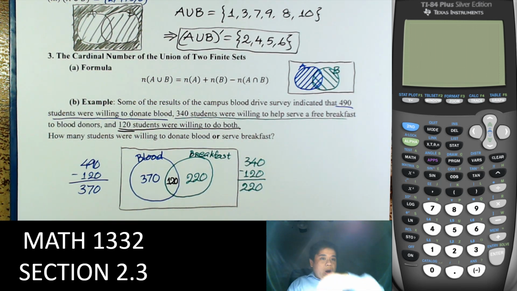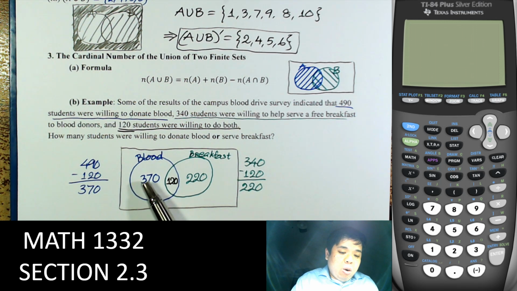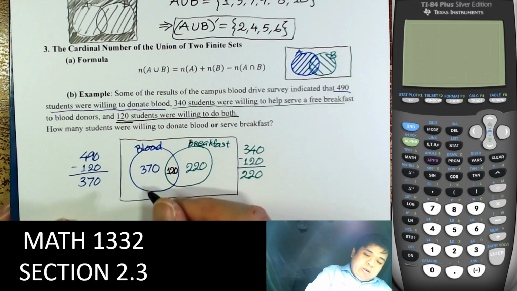So with that, the question is, how many students were willing to donate blood or serve breakfast? So blood or serve breakfast, pretty much we add all of this. 370 plus 120 plus 220.